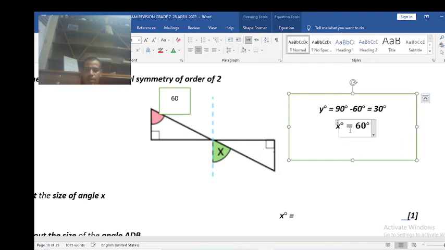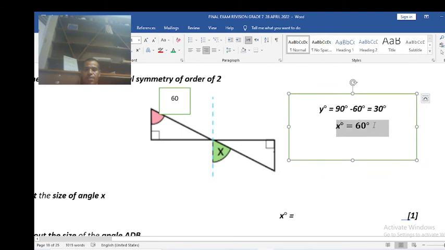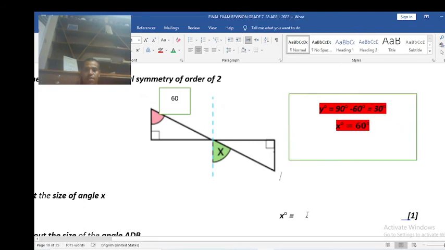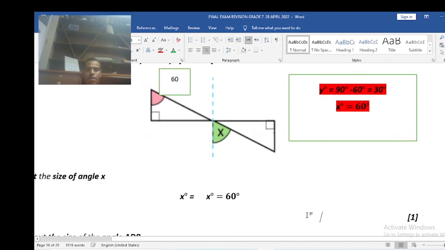Clear? Okay, then we move to the next part. Here it's 60 degrees, X is 60 degrees. Okay, copy. The next, now this one is equal to 60 degrees.